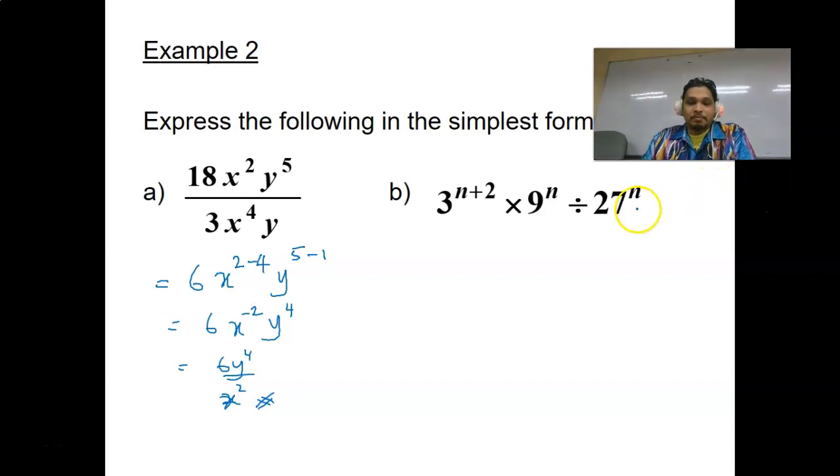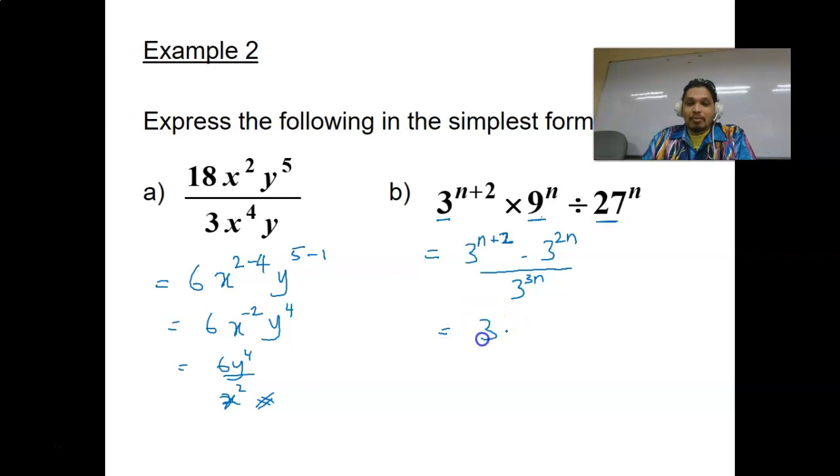And this one here now. We change 9 into the base of 3, and also 27 to the base of 3. 3 to the power of n plus 2, multiplied by 9, which is 3 squared, to the power of n, divided by 27, which is 3 cubed, to the power of n.